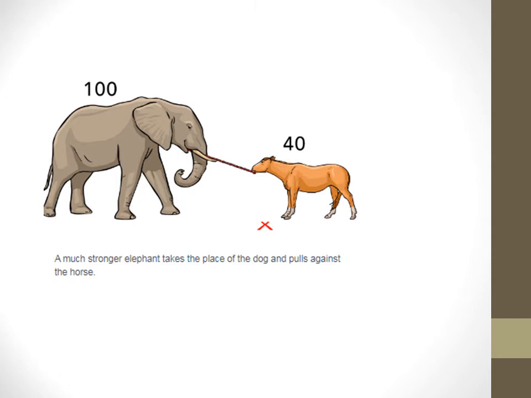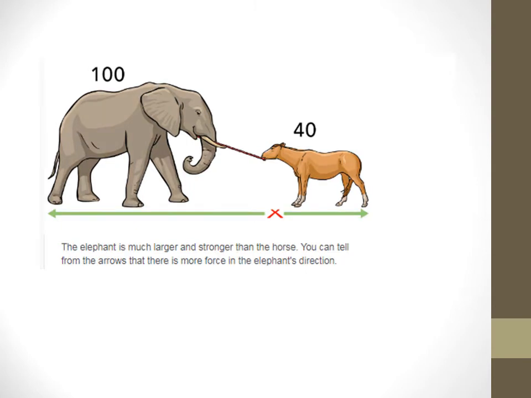A much stronger elephant takes the place of the dog and pulls against the horse. The elephant is much larger and stronger than the horse. You can tell from the arrows that there is more force in the elephant's direction.